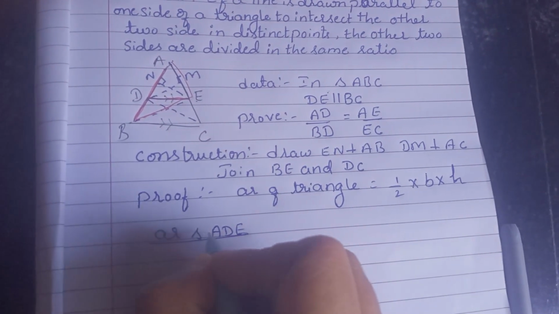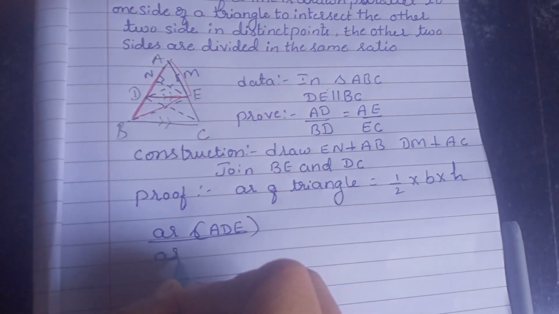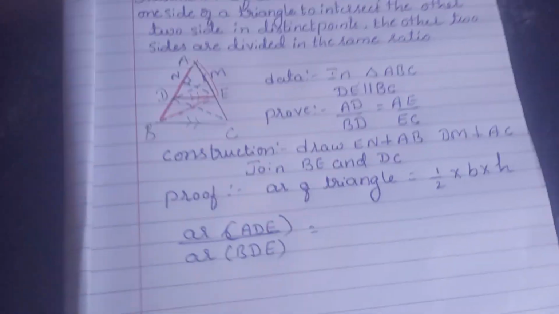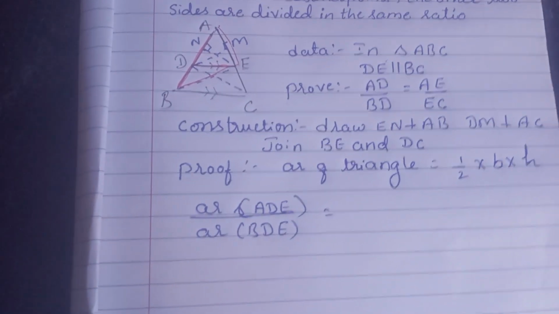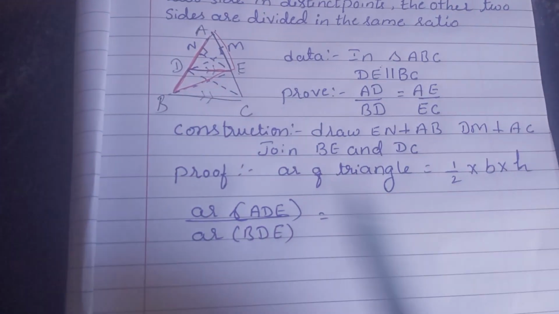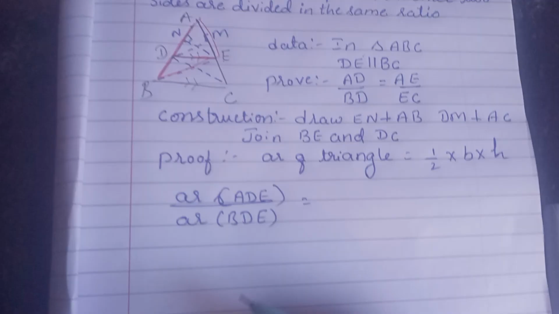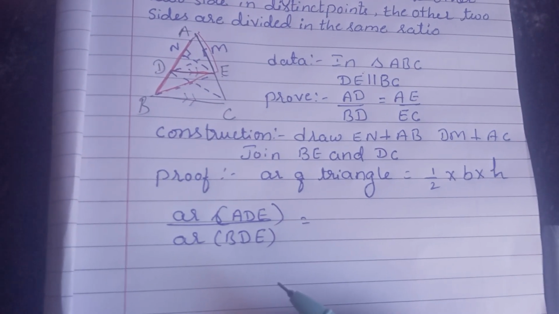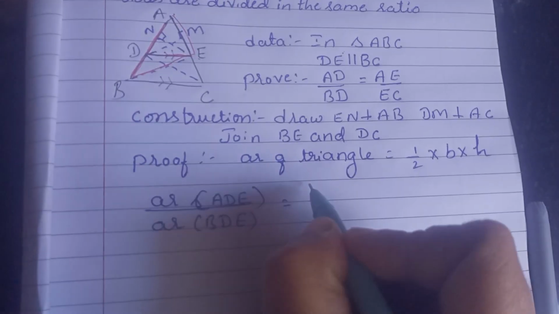Area of triangle ADE, area of triangle BDE, based on the same base. We know the formula, half into base into height.